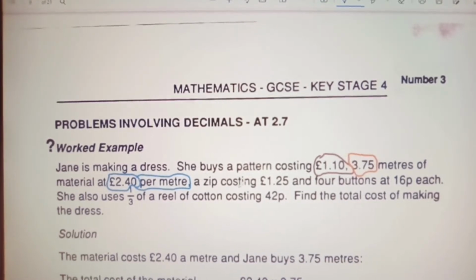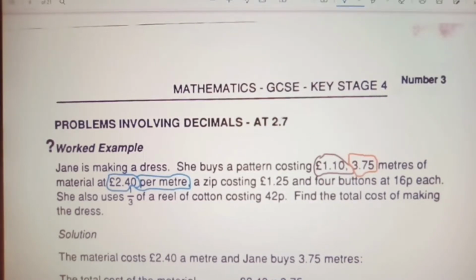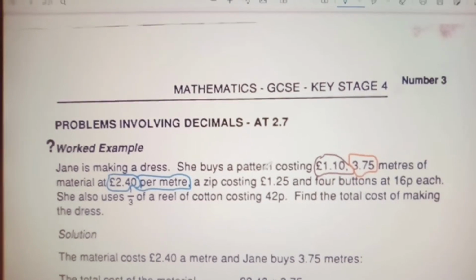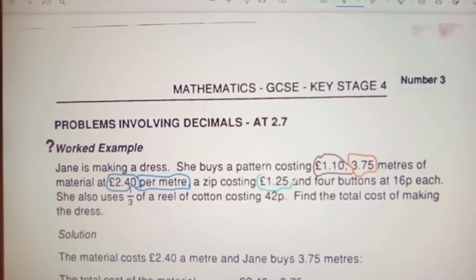A zip costing £1.25. Let's change the colors again. Zip costing £1.25, and here we are extracting our information from our data given.